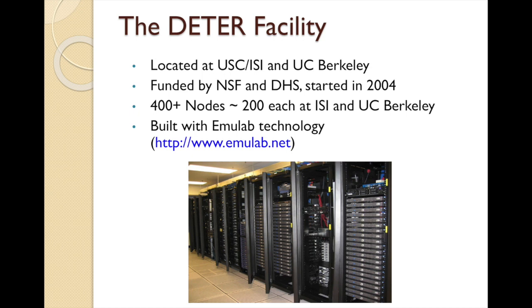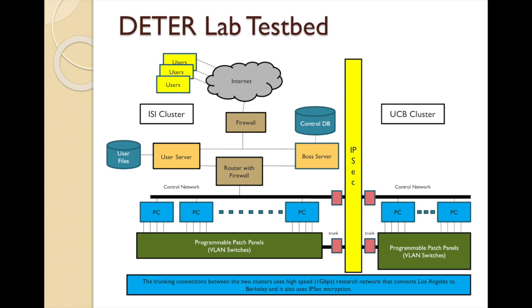It's built on a technology called EmuLab, which is a simulator, but DETERLab is more like an emulator. There's a 1 gigabit per second dedicated link between ISI and UC Berkeley, and all the users can log in through a secure shell, create their own nodes and perform tests.